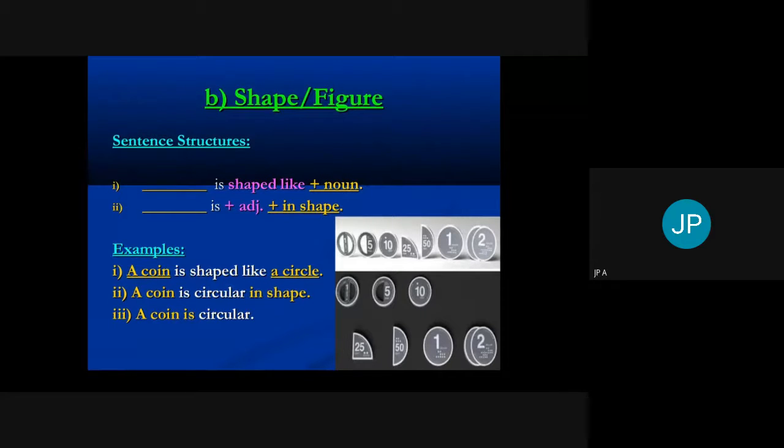You can just say a coin is circular, because it's understood that circular is about shape. So what are all these things? These all come under characteristics. The first characteristic is material. Now we talk about the shape of the object.